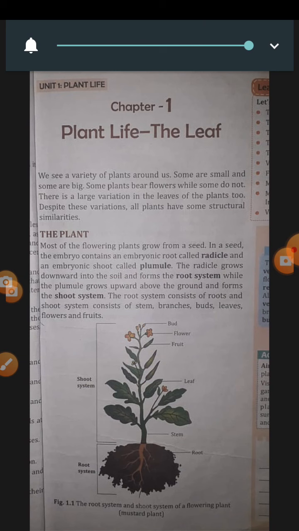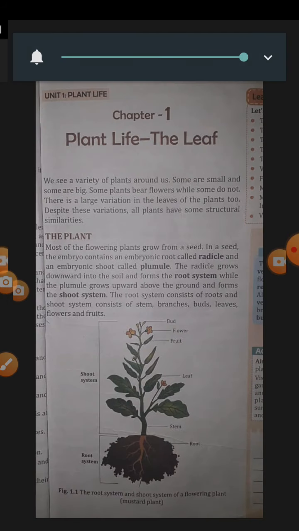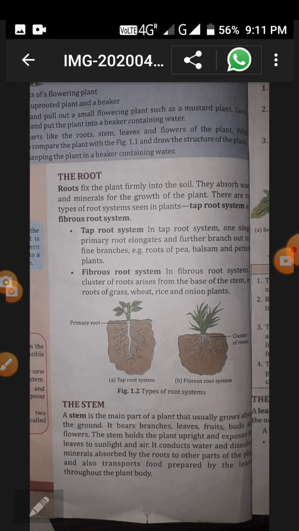Now we are coming on the next topic and on page number 2. The root. Topic is the root. First of all, I am telling you the function of the roots. First function of the root is to fix the plant firmly into the soil.